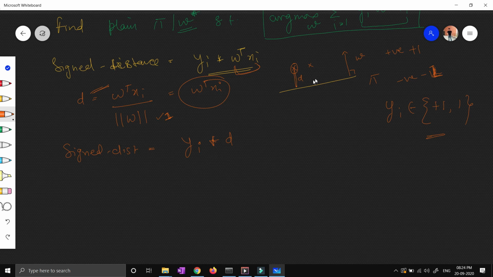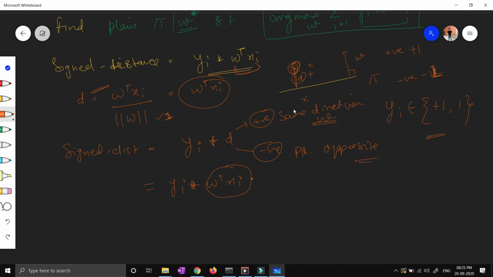So now the distance will be positive if my point is in the same direction as w, and this will be negative if the point is in the opposite direction. So my signed distance is yi into w transpose xi, and this term will be positive if the point is in the same direction as w, hence this particular d is positive.